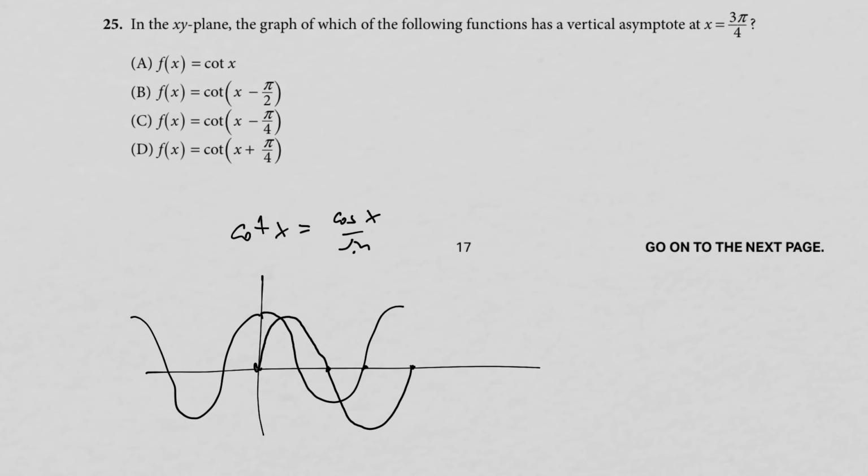And I could make another sine curve. Now in red, I'm going to do cotan, which is cosine over sine. So when cosine is 0, which is here and here, and also here and here, cotan is also 0.